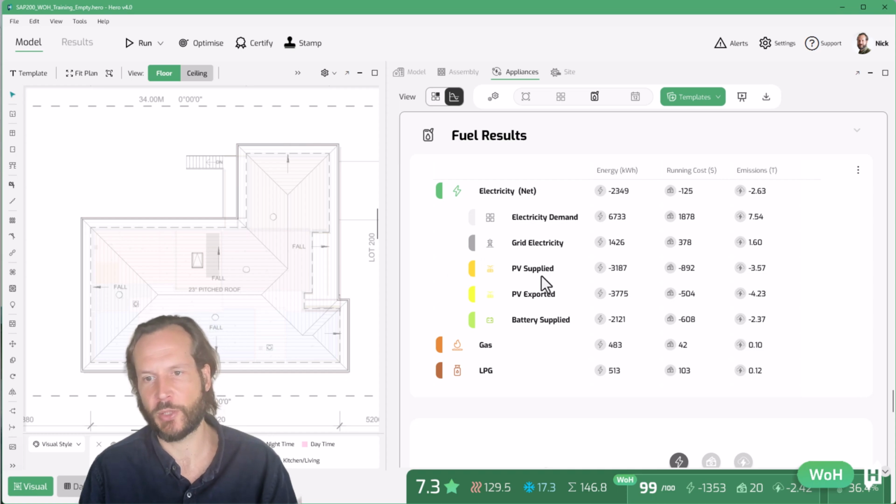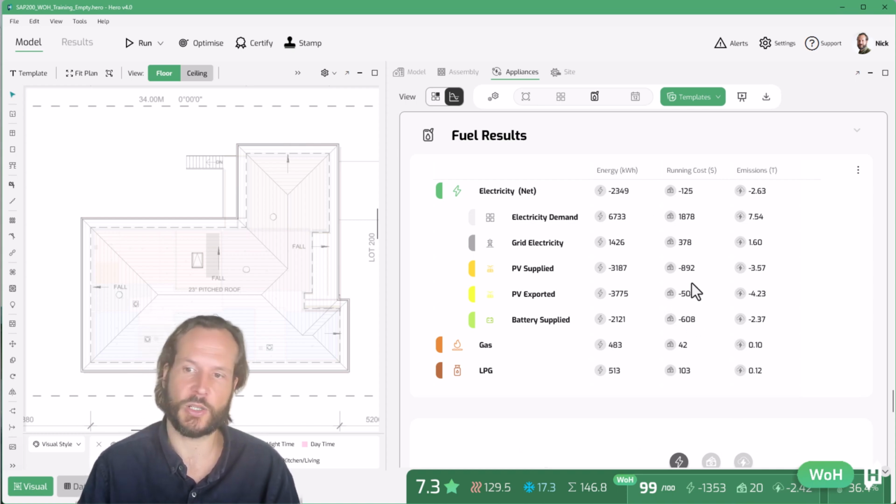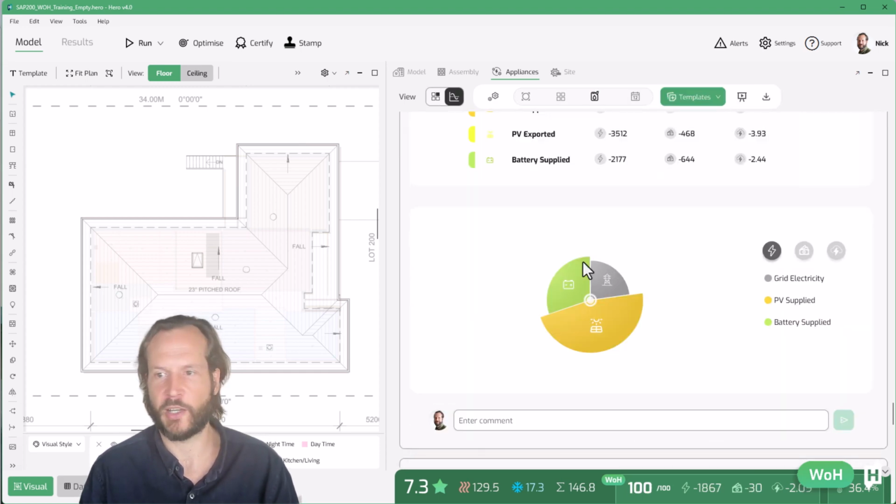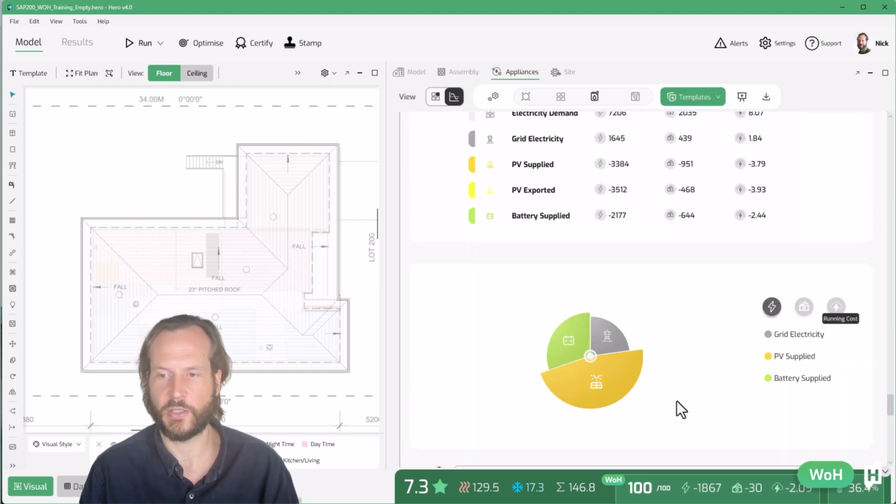So you see the solar PV supplied, exported, battery supplied, and then the grid electricity and the overall electricity demand, and then the net electricity at the top there. And so in this project, you can see our running cost is around $20 at the moment, and our battery is saving us $610, our PV exporting $500, and our PV is supplying about $890. And likewise, you can see this in the pie chart in its different forms.